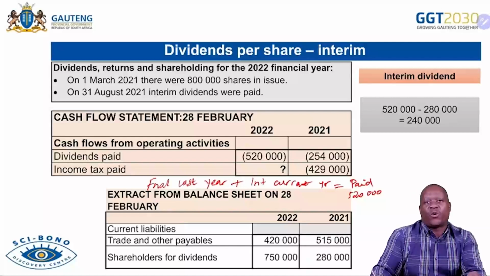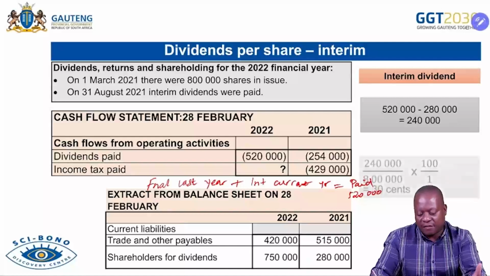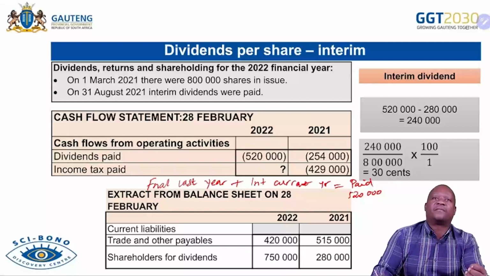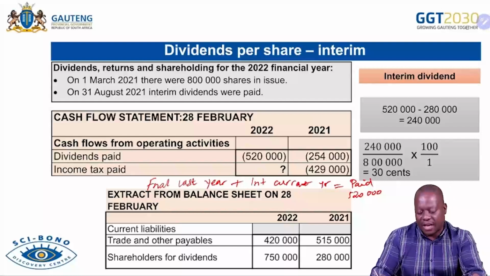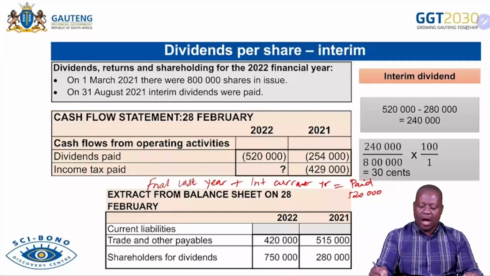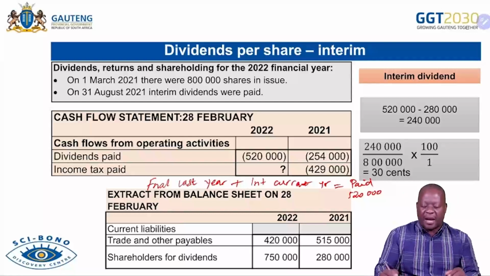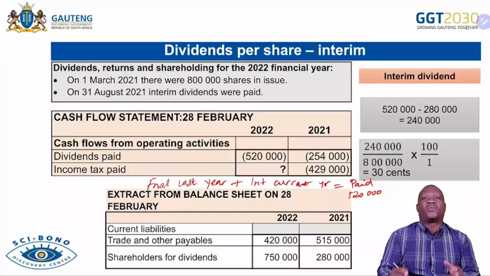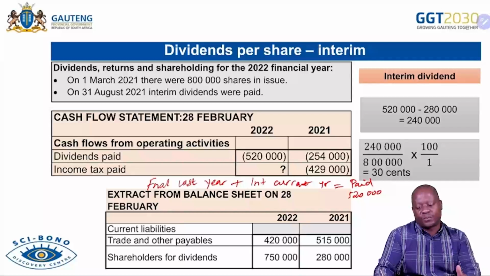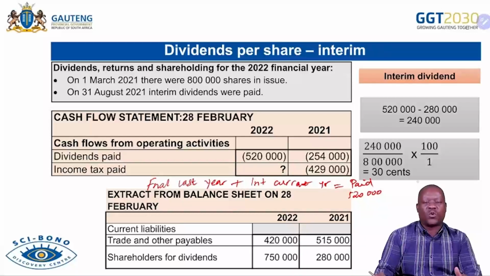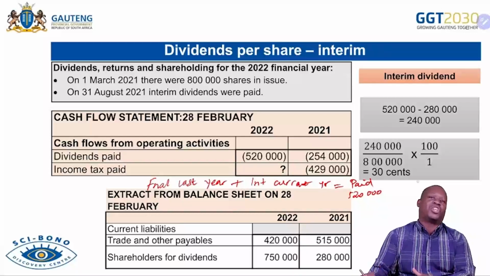We can easily now use this information to find the interim dividend per share. 240,000, which is the interim dividend, divided by the number of issued shares that we are issuing these dividends to, and our answer is 30 cents per share.